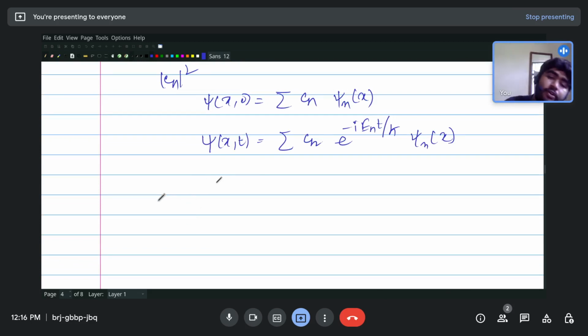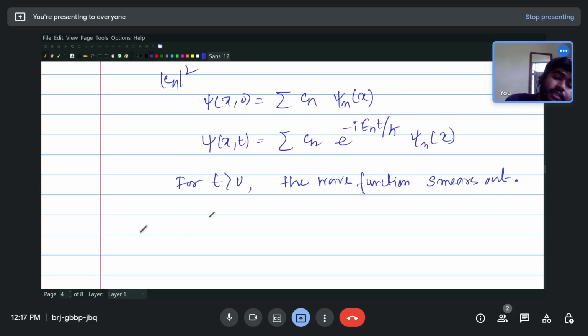Okay, for t greater than 0, the wave function smears out. Okay, so think about this: does it localize again in the future?